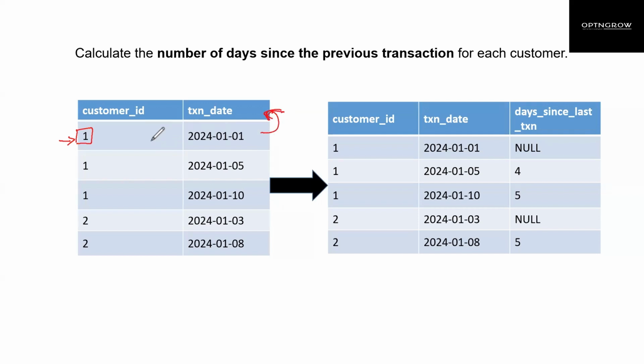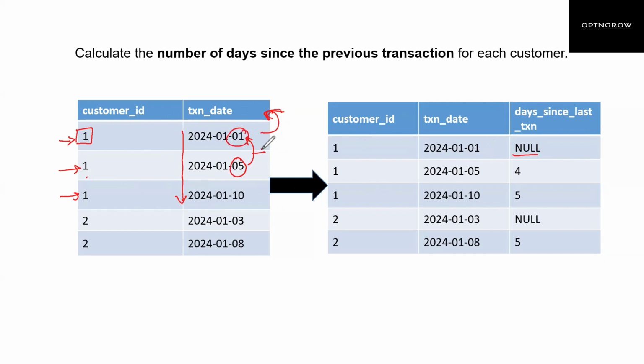If you see for customer ID 1, we have three rows and the transaction date is in increasing order. So there is no previous transaction, and here I'm going to return null. Let's talk about the second row. The customer made the transaction on 5th. The previous transaction was made by the customer on 1st.